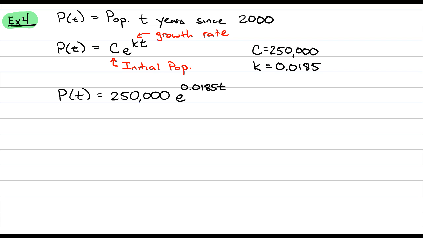Okay, so now that we have this function, finding the population in any given year is simply a matter of plugging in the appropriate t. So for part A, we want to find the population in 2001. So that is 1 year since 2000, so we want P of 1, which is 250,000 times e to the 0.0185.